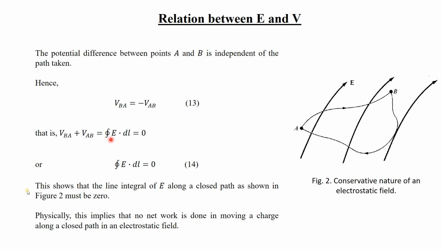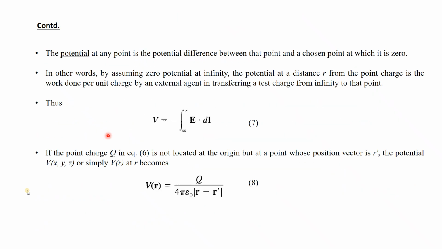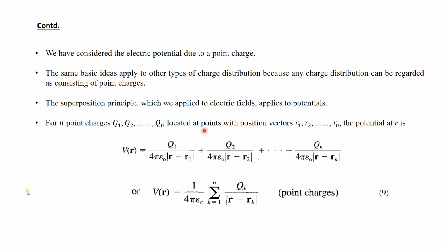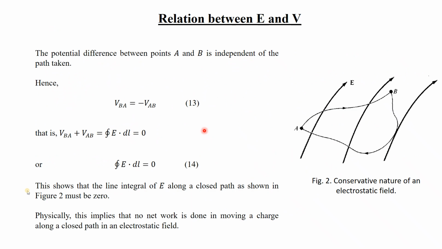The closed loop is nothing but the closed line integral of E dot dl, since we have already seen that potential difference is the integration of E dot dl. So for the closed line integral it will be 0. This shows that the line integral of E along a closed path, as shown in figure 2, must be 0.